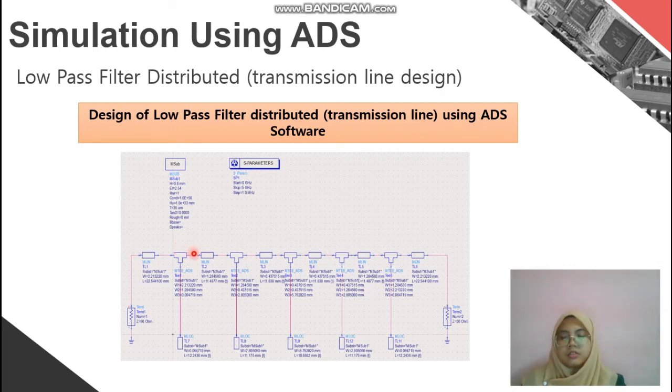And then frequency 2.3 GHz, for each of the stubs the electrical length is 45 degrees, and then only the transmission line is 90 degrees.